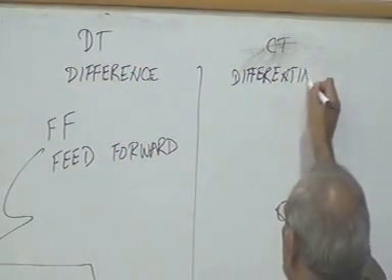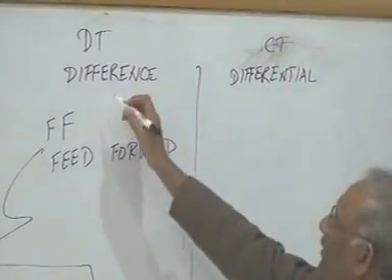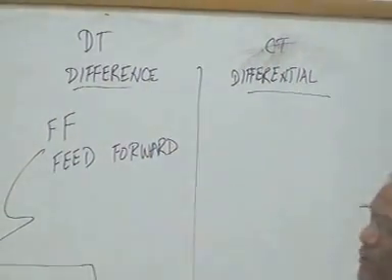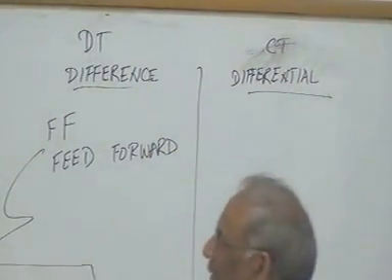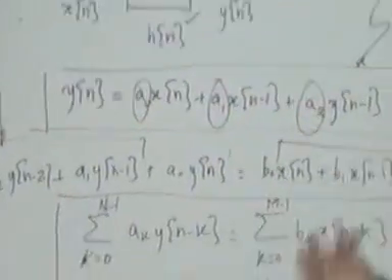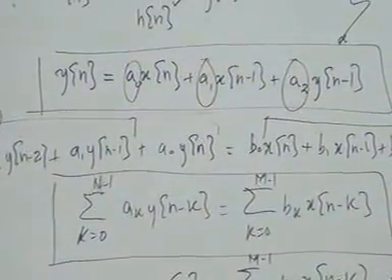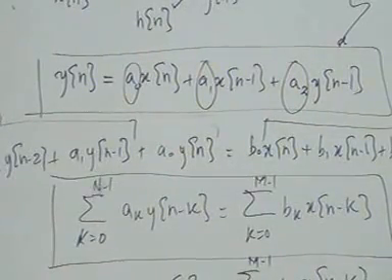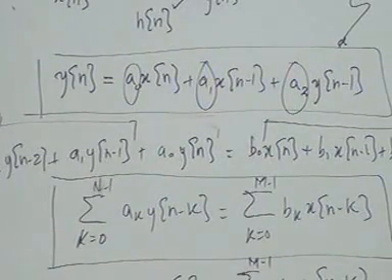In your signals and systems or on your DSP you would have studied differential equations, and differential equations have differentials instead of these delays. Instead of, let's say, x of n minus 1, you will have differentiation of x. Instead of y of n minus 1, it will be differentiation of this.